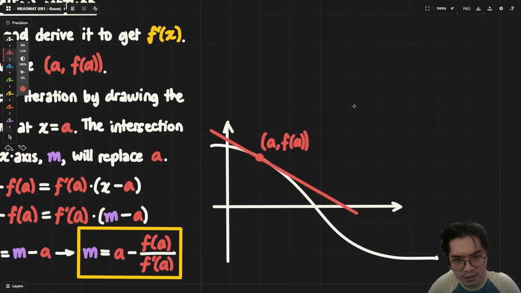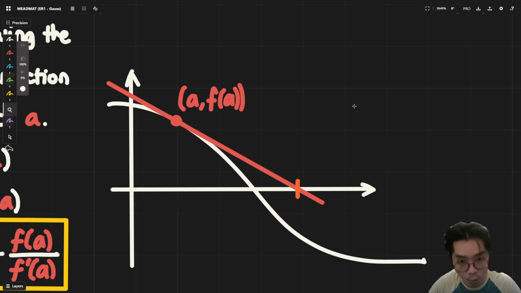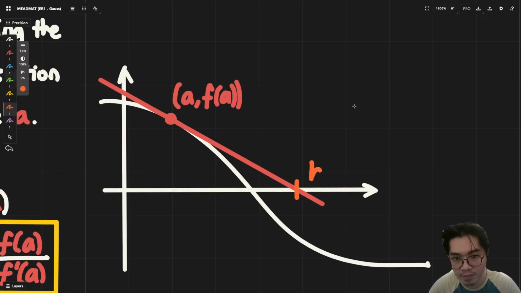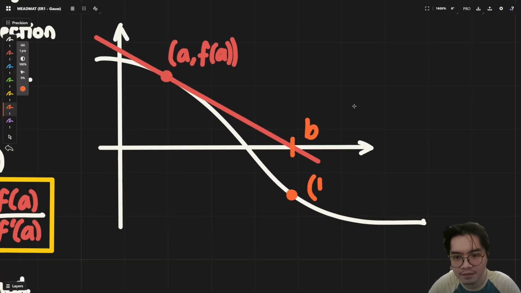Let's say our tangent line stretches like this. Note that the second point that you will have is somewhere in here. Let's say this is now your iteration 2, so this will be letter B. And now you will have B, then f of B, right?